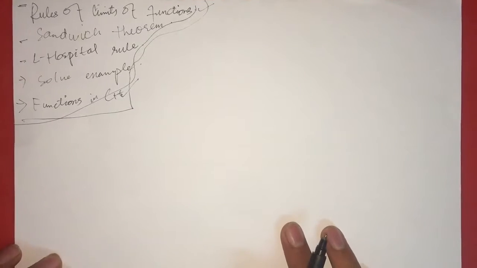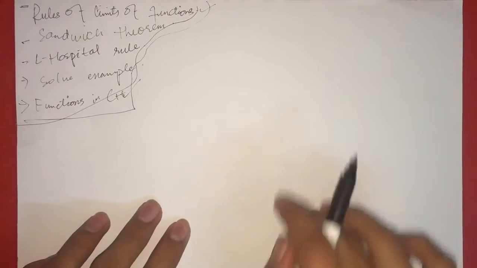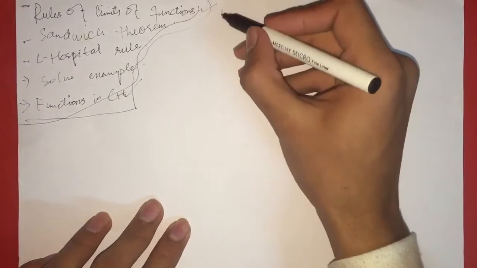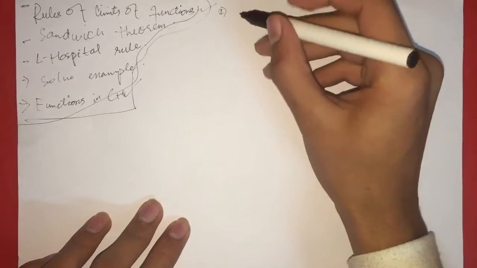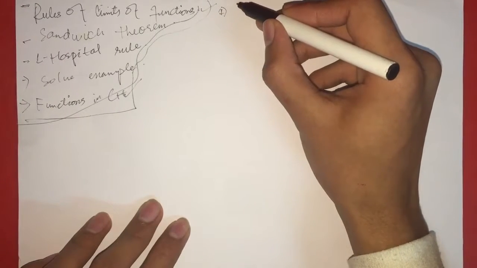So let's start with the rules of limits of functions. Let's start from the first rule, the sum rule.